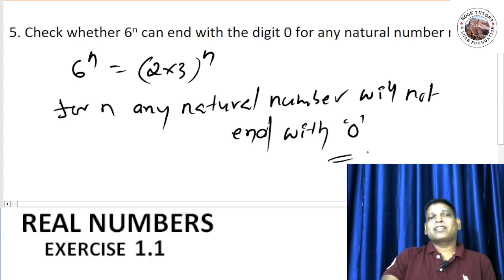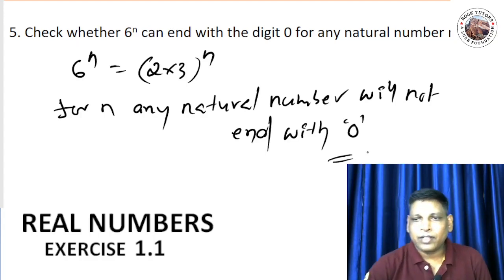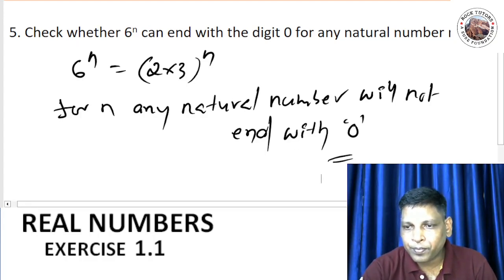This is because 6 does not have 5 as a prime factor. Okay, so let's go to the sixth question.